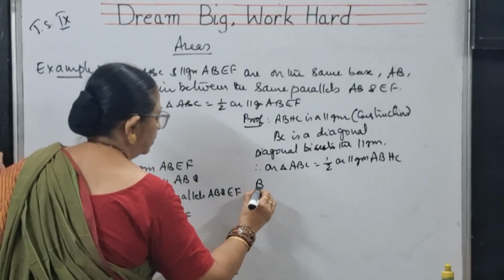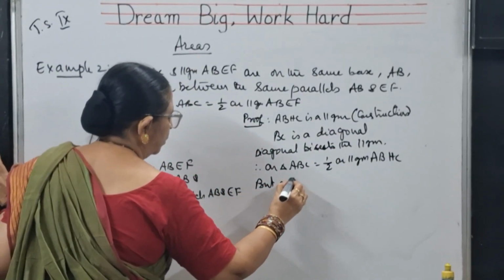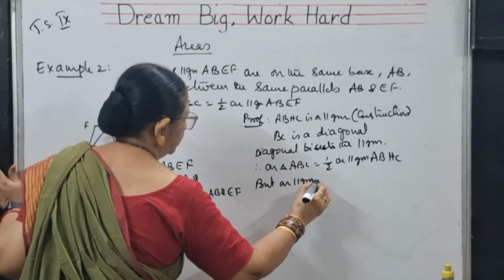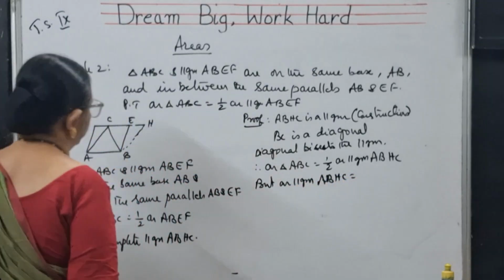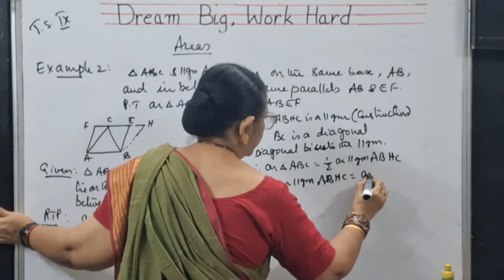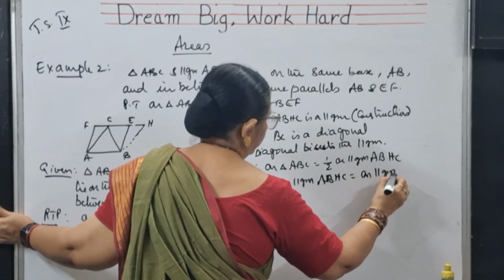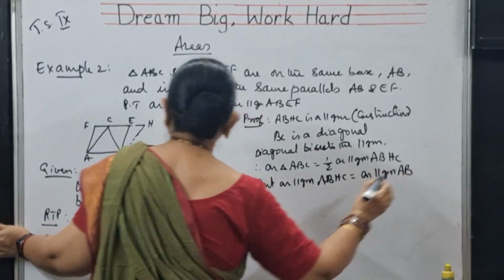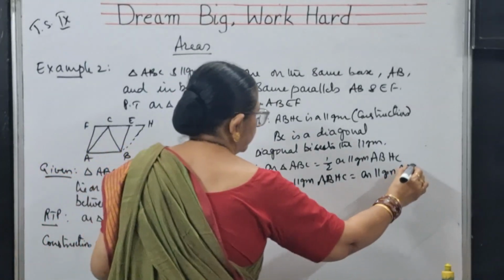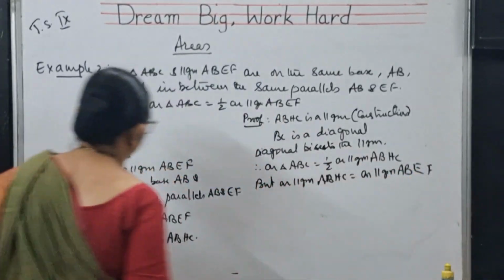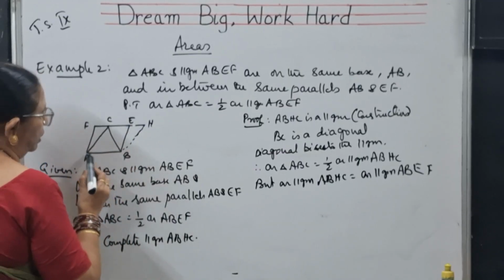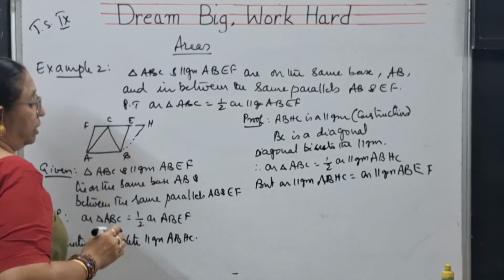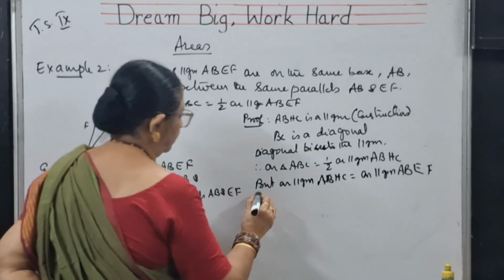But area of parallelogram ABHC is equal to area of parallelogram ABEF. See, area of parallelogram ABHC is equal to area of parallelogram ABEF. Why? What is the reason?